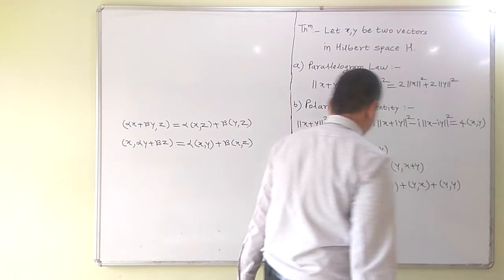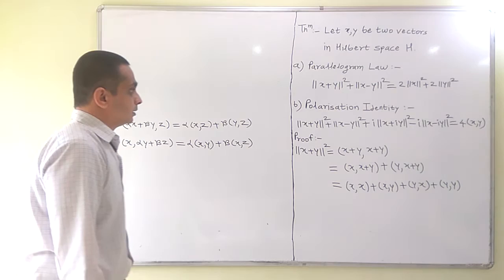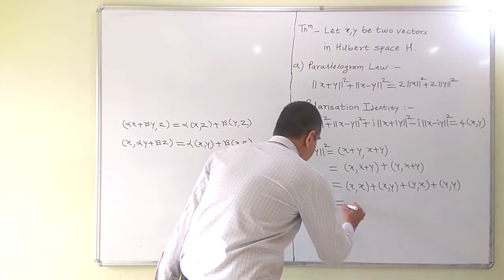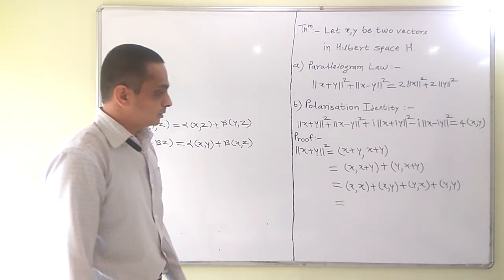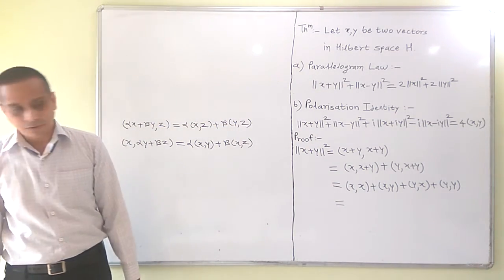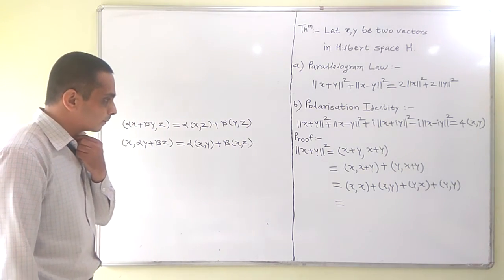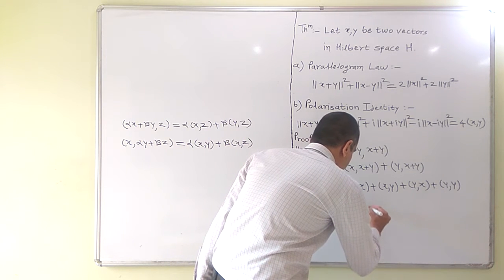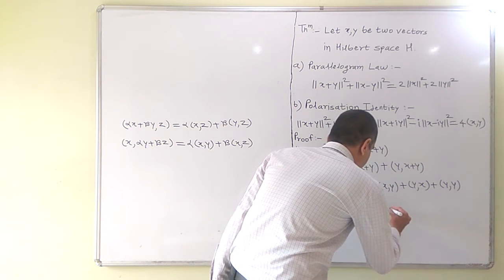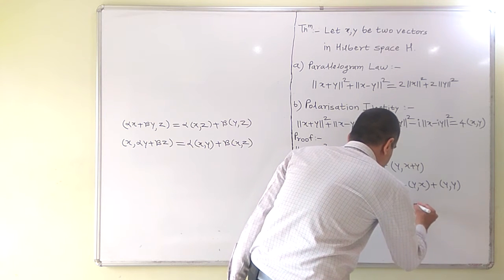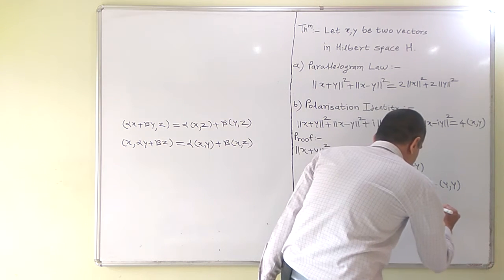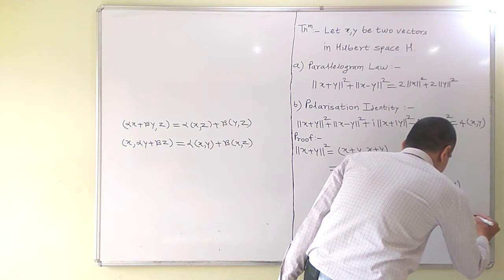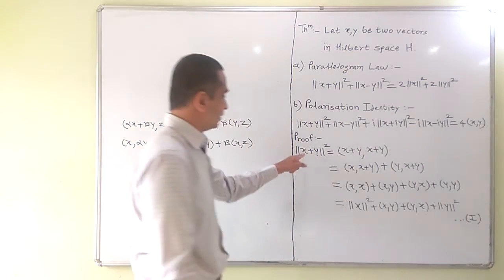So this is equal to norm of x square plus inner product of xy plus inner product of yx plus norm of y square. This is our first statement.